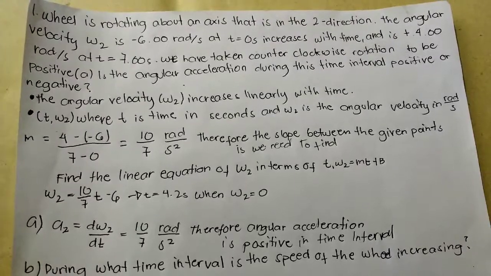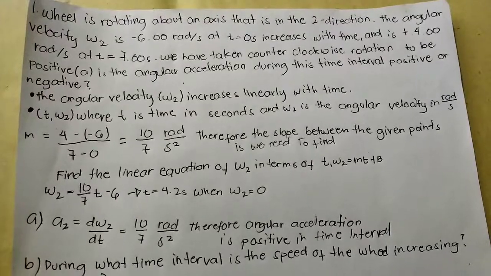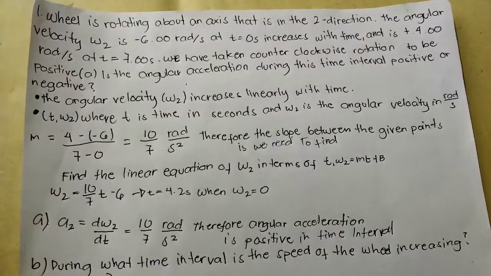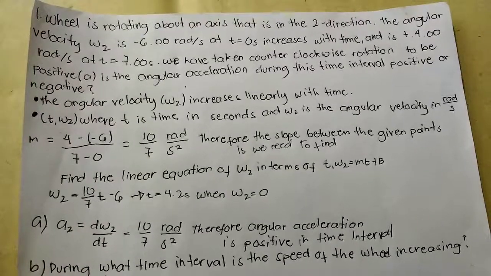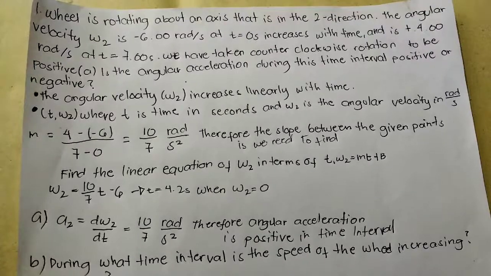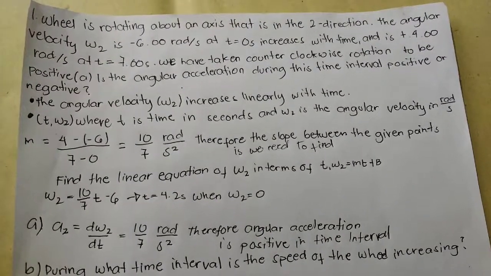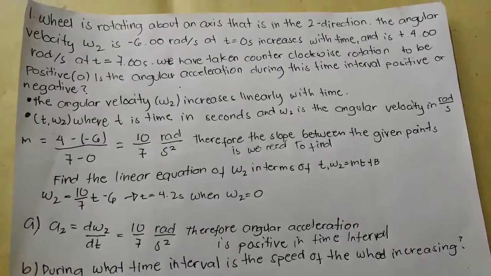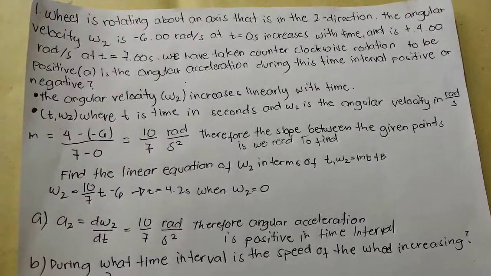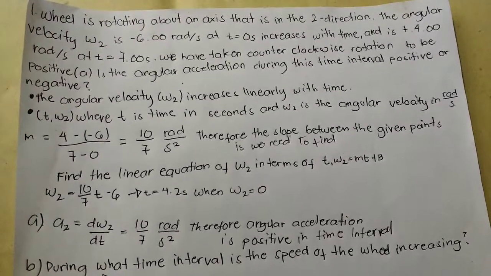In A, angular acceleration equals dω_z over dt equals 10 over 7 radians per second squared.